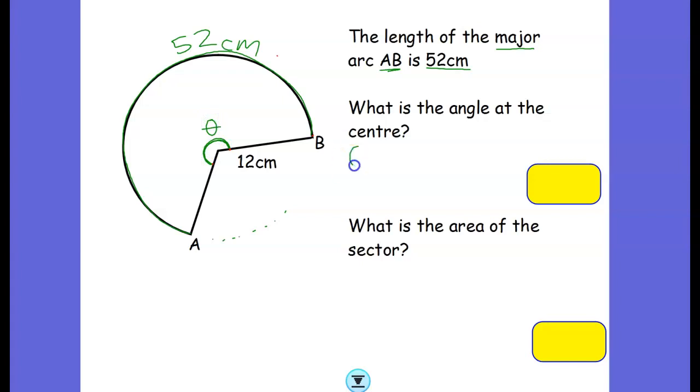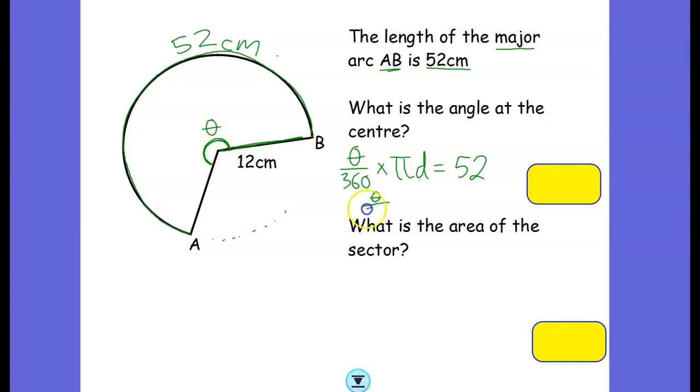So if I use my formula, theta over 360 times pi d equals that arc length, and the arc length is 52. Now I can work back from this by substituting in the value for d. Well, if 12 is the radius, then 24 is the diameter.